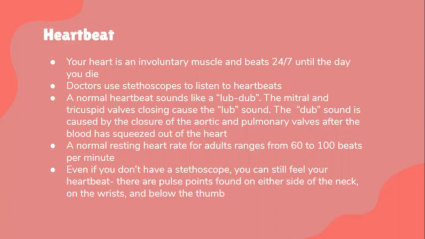And of course, when you exercise, the heart rate increases because your body is trying to get oxygen to your body faster, so you can move more and run faster or do whatever you're doing faster. So your heart has to work faster.